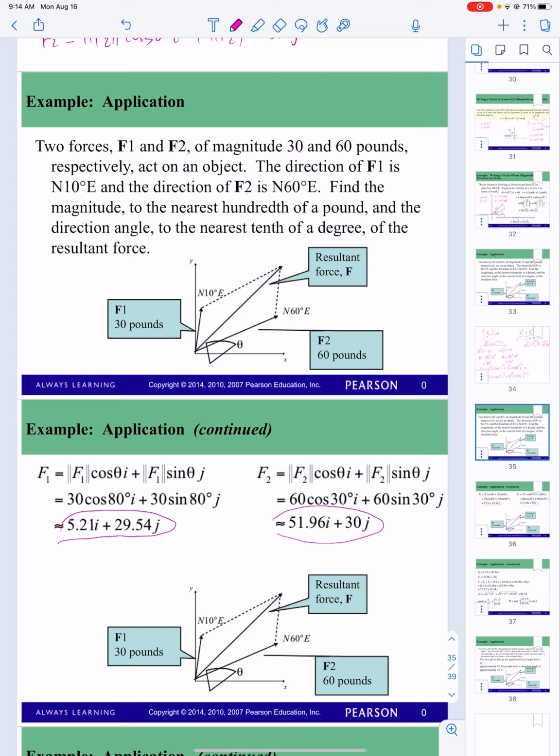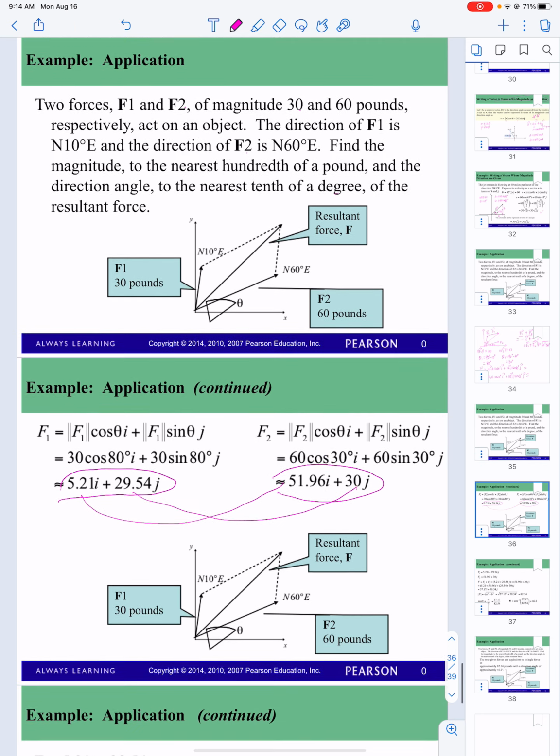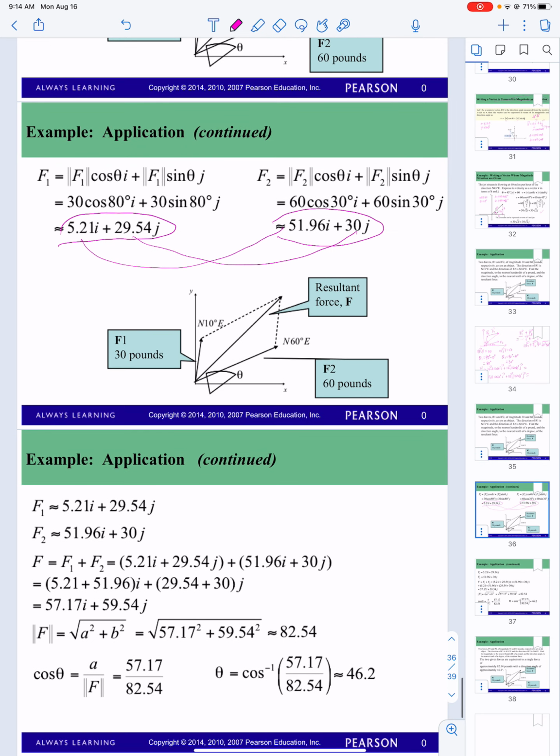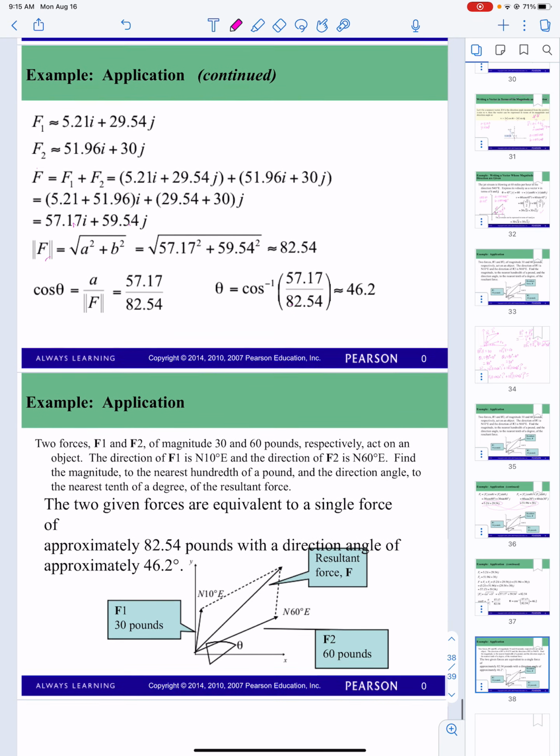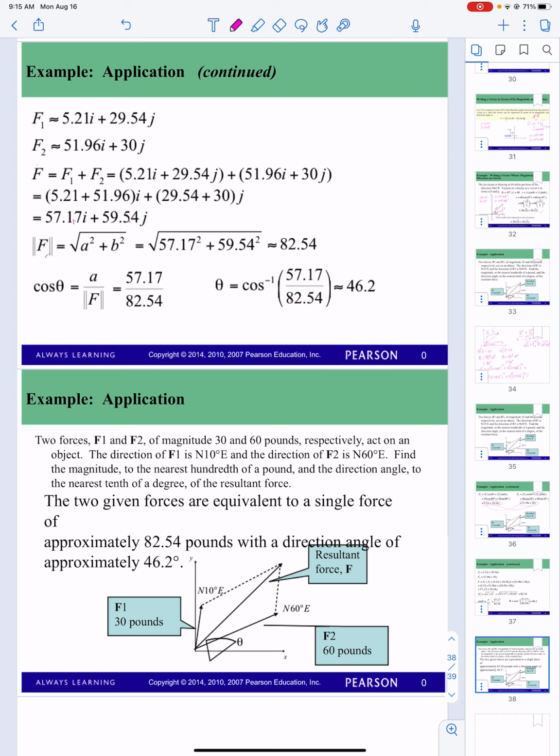Then you add the x components and add the y components to give you the vector F. Then you find the magnitude using the formula, and you find the angle using all these things. So that will be the example of this application.